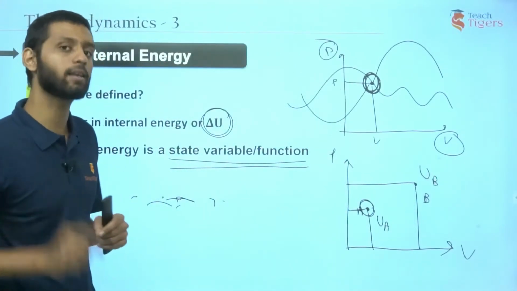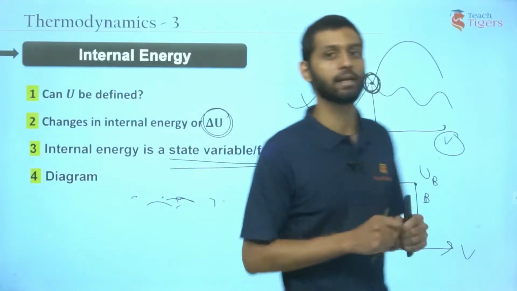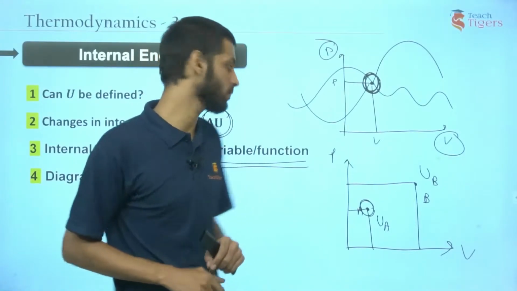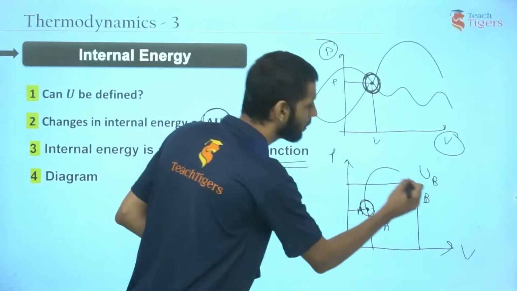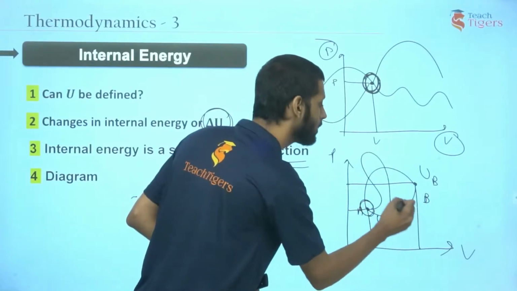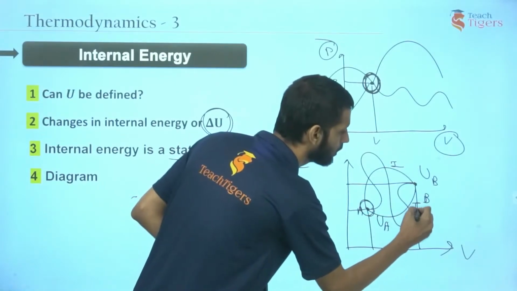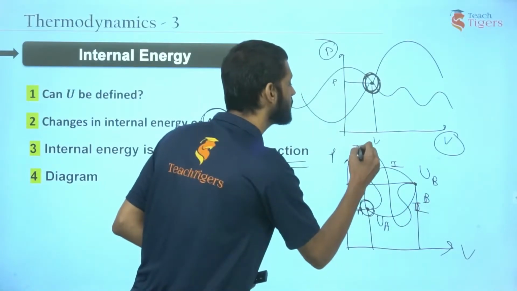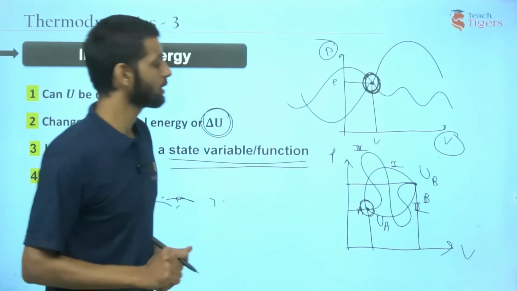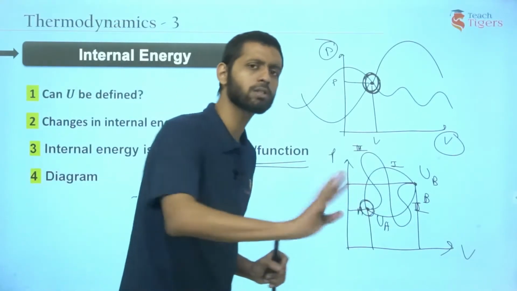Now, delta U. Suppose I go from A to B. Does it matter how I go from A to B? If I take a more interesting path, I have path 1, path 2, path 3. If I go by any of these paths, delta U is not going to change.